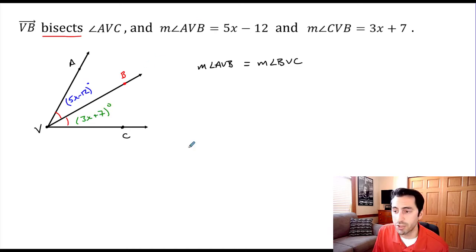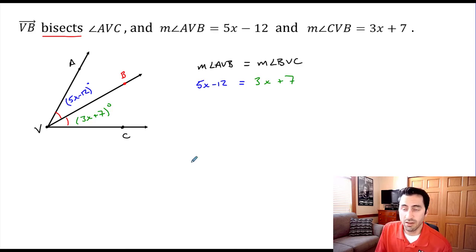So now that I have this picture, I've made sense of what I'm given here, I think we can write an equation. I already have this equality statement. I know that the two smaller angles, because of the angle bisector, have to be equal to each other. So substituting in what I'm given, I know that 5x minus 12 has to be equal to 3x plus 7.